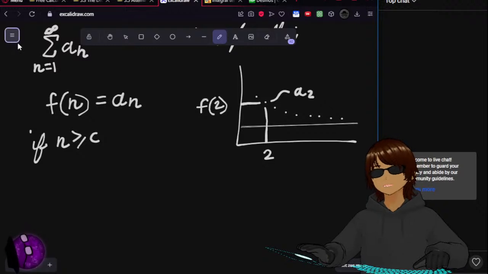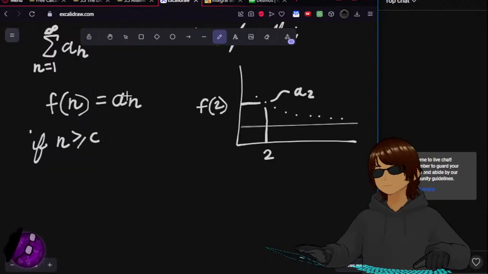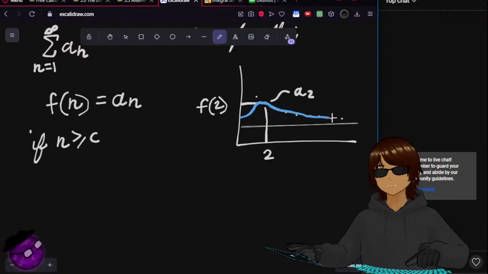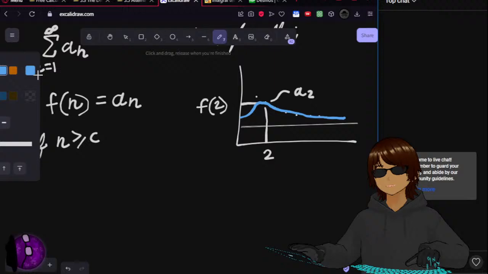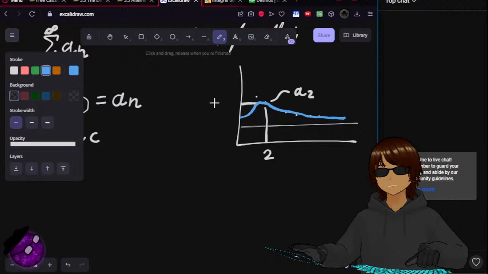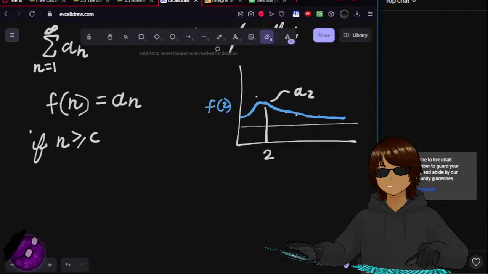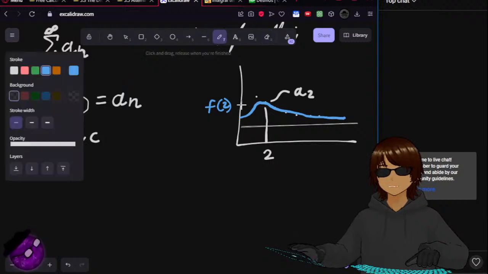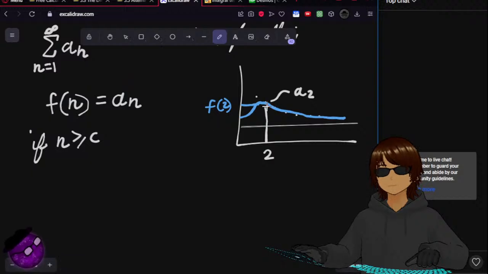So f of n would, for example, be like this function, and from this point onwards, f of n is equal to a of n.